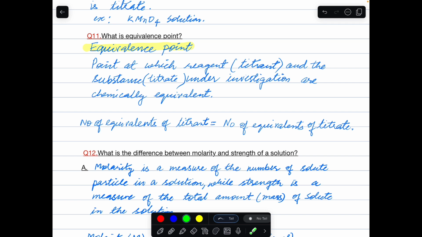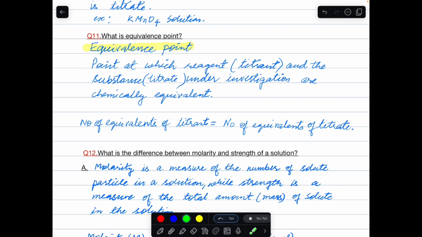For example, the acid has completely neutralized the base, or the oxidation reduction process is complete. That point is called the equivalence point or end point. At this point, the number of equivalents of titrant is equal to the number of equivalents of titrate.